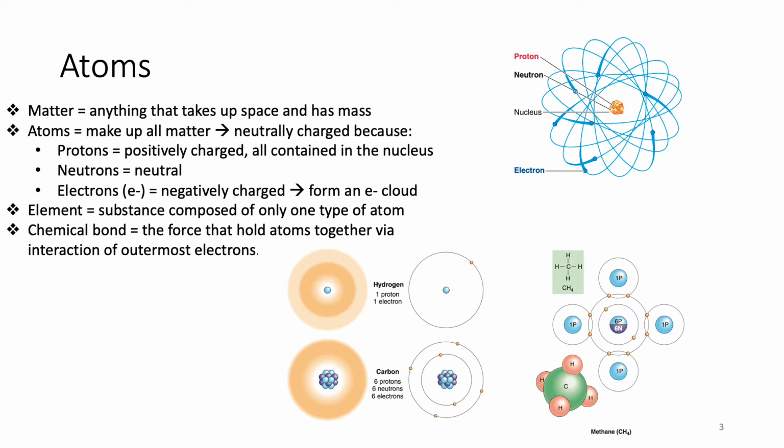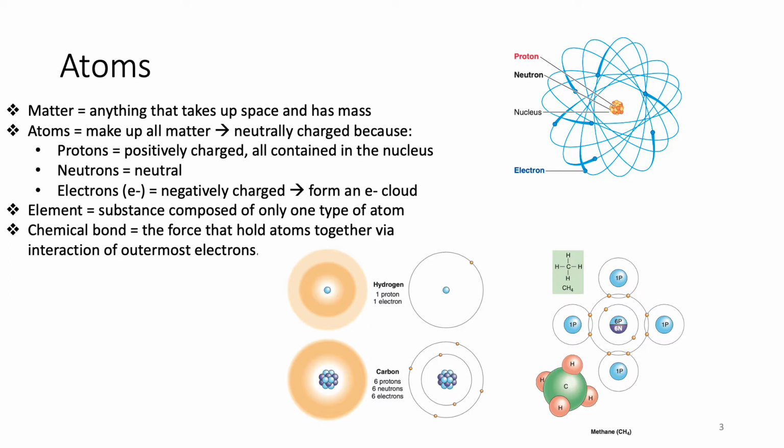For example, this carbon needs 4 more electrons to complete its outermost shell to become stable, whereas the hydrogen only needs 1 to complete its outermost shell. And so carbon recruits 4 hydrogen atoms that together can give that carbon 4 more electrons to completely fill the outermost shell.